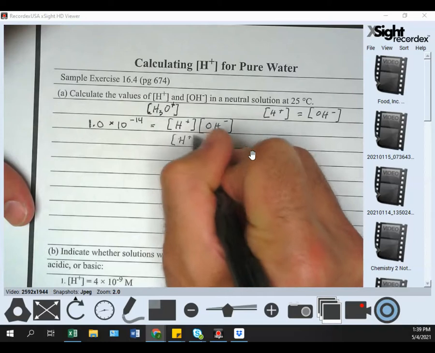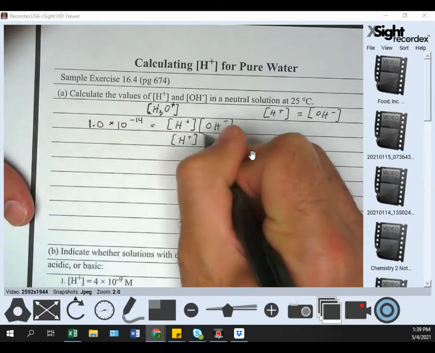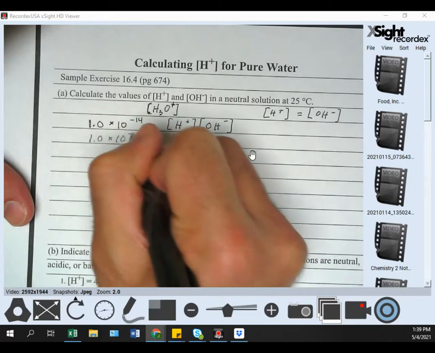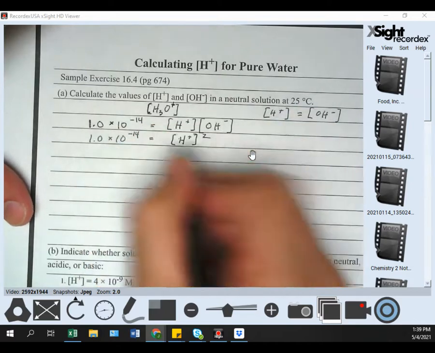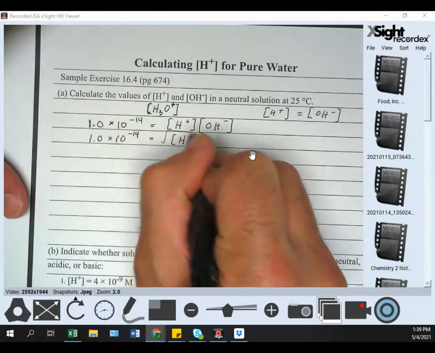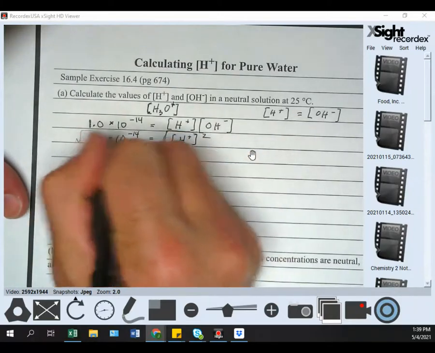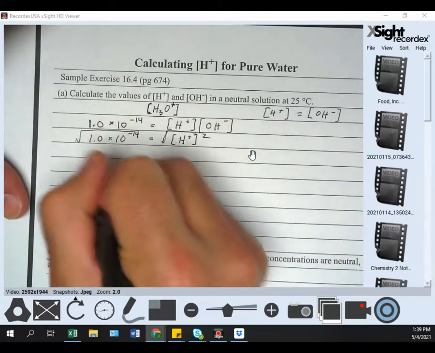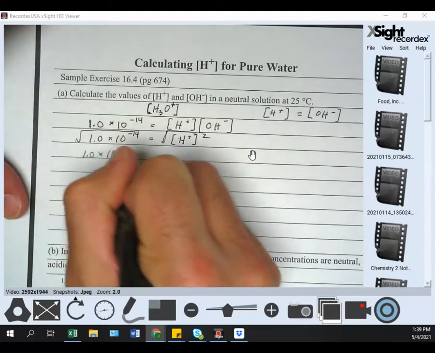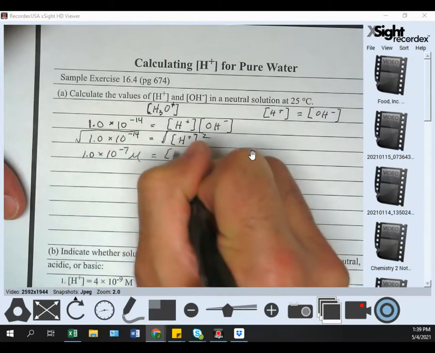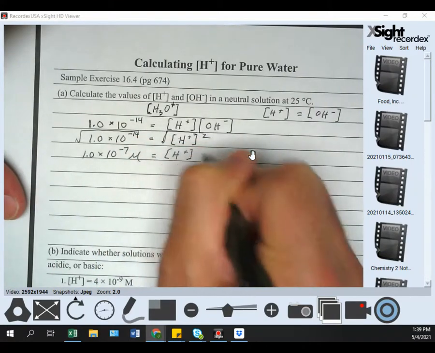So basically, let's say H plus, it would be squared. And then you take the square root of both sides. That's when we end up with 1.0 times 10 to the negative 7th molar as the H plus.